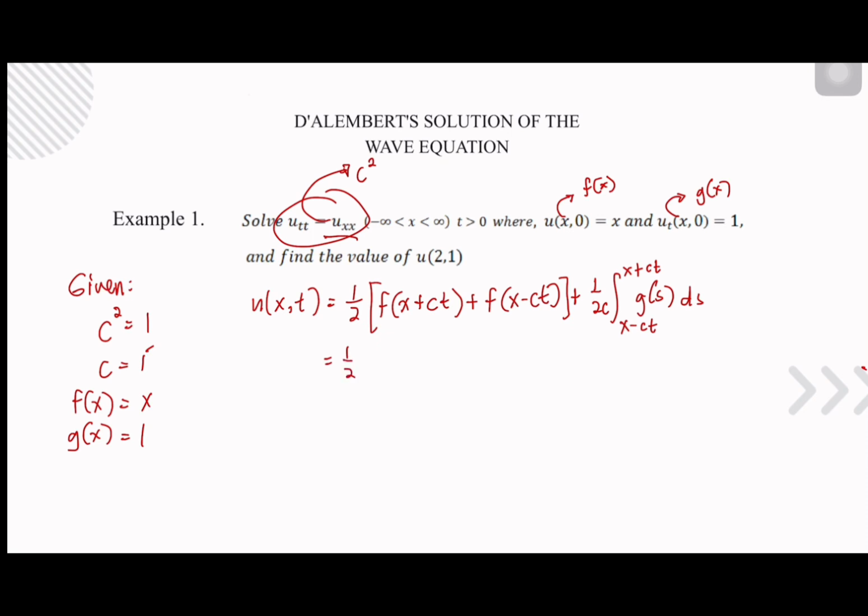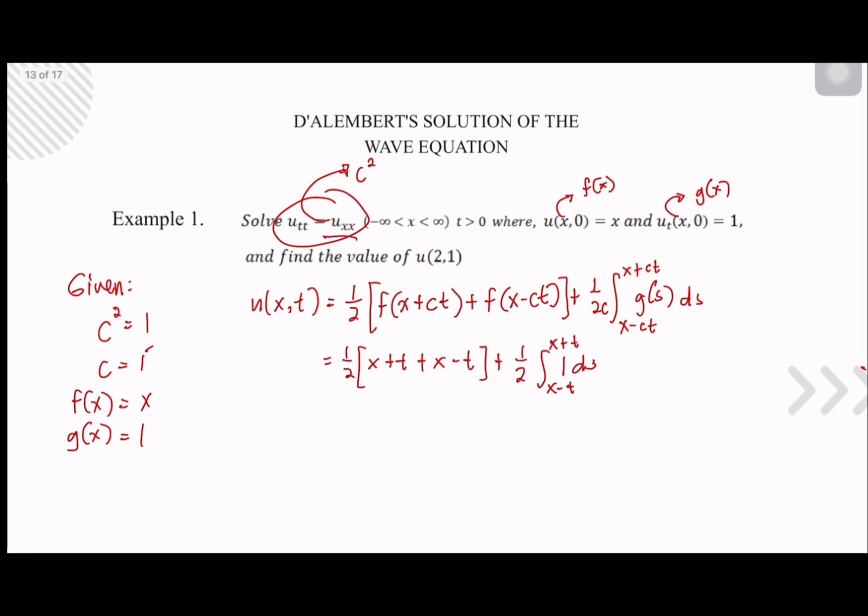To substitute the given, the f of x is x, and since c is 1, we will be left with x plus t, plus x minus t, plus 1 half, since c is 1 again, multiplied by the integral of 1 ds evaluated from x minus t to x plus t.